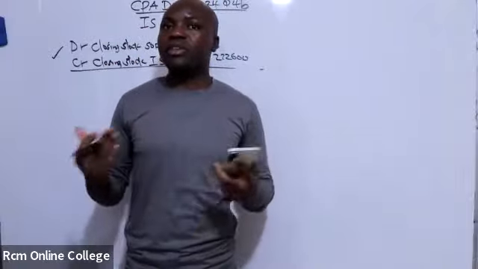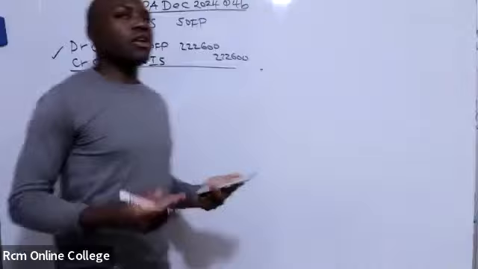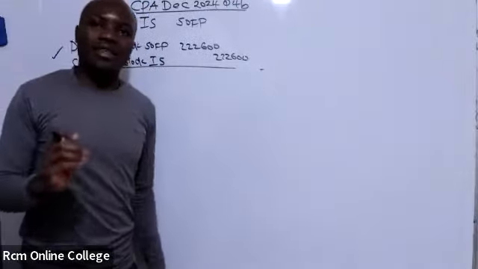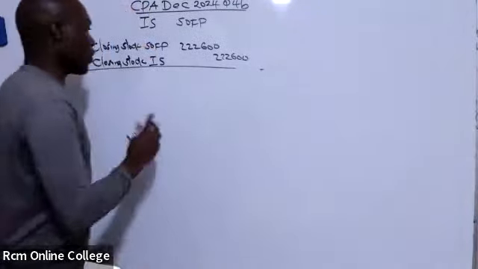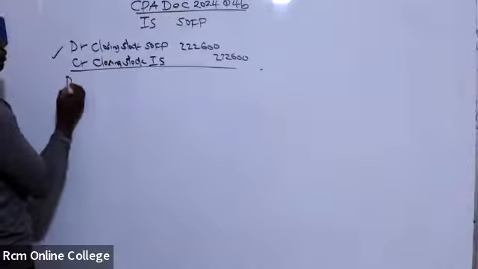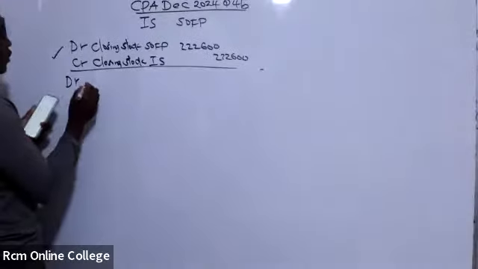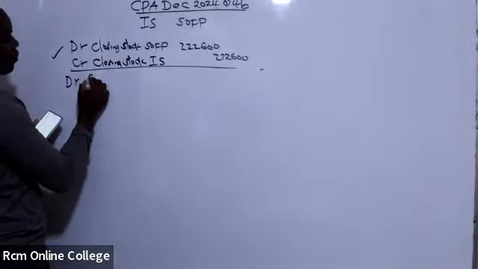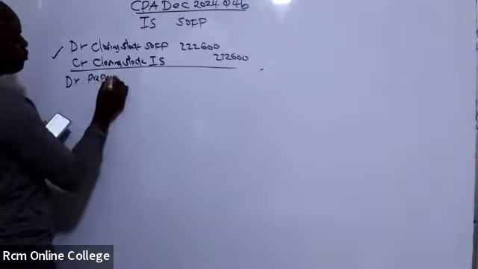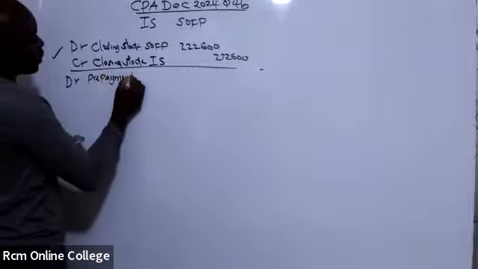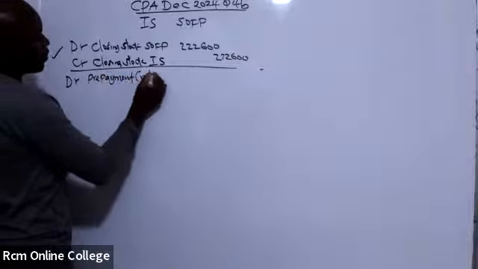Now, the moment you talk about an asset, it will be debited. So we are going to debit the prepayment. Which item is this? Prepayment of rates, the prepayments account, and of course we're talking about rates.